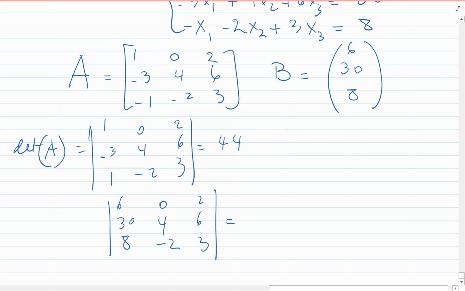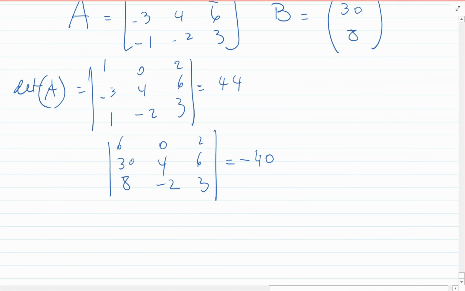We replace the first column of A by the non-homogeneous vector B, and we will find minus 40. So this gives me x1 equal minus 40 over 44, which is minus 10 over 11.